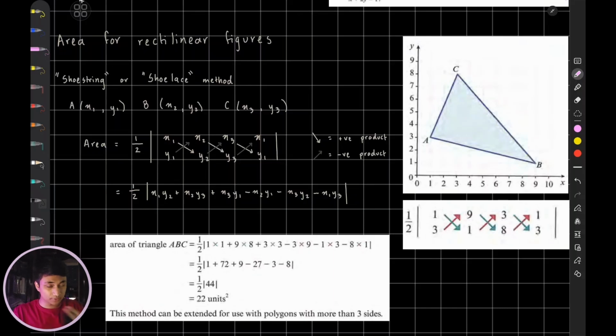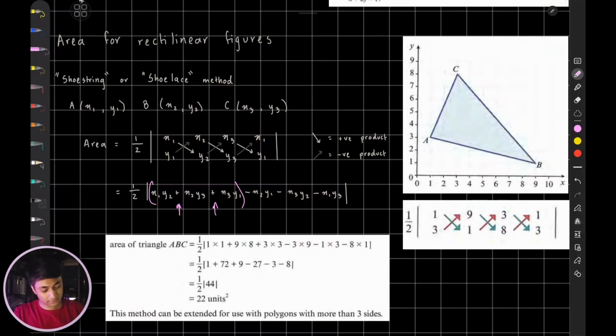Now, after finding the product of all these pairs of values, you're going to add them up. So these 3, add them up: x1 times y2 plus x2 times y3 plus x3 times y1.